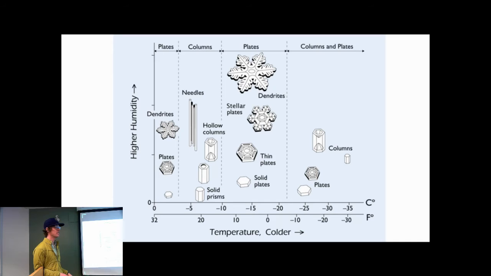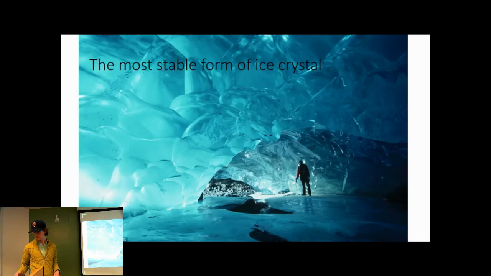So as soon as they hit the ground, they start changing. And that's where the complicated stuff happens. As I said, they're not stable at all. Once they hit the ground, they're going to end their life either as glacier ice, the most stable form of ice we know, or as water.